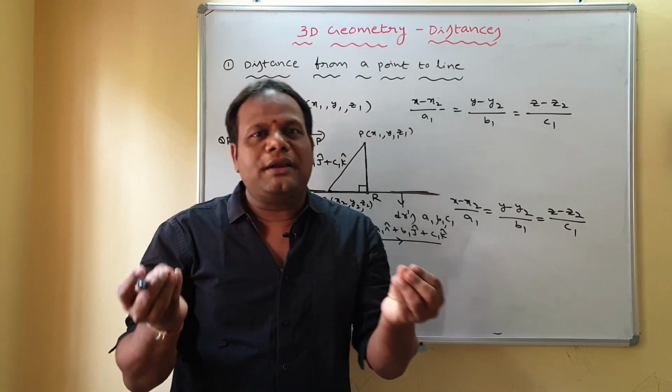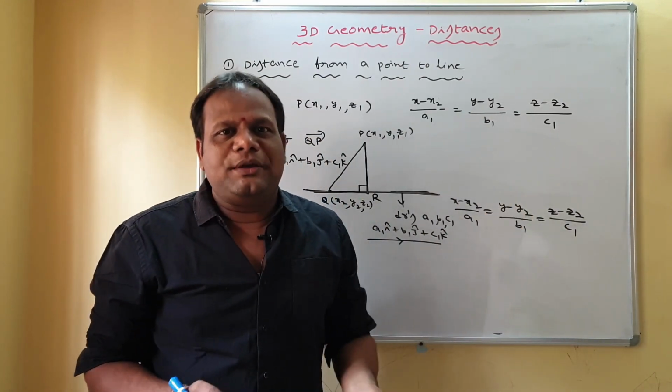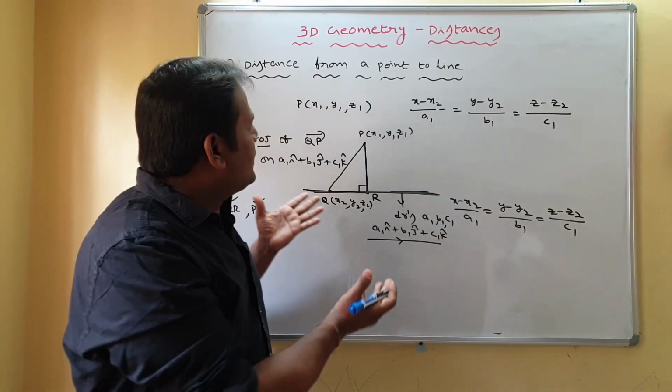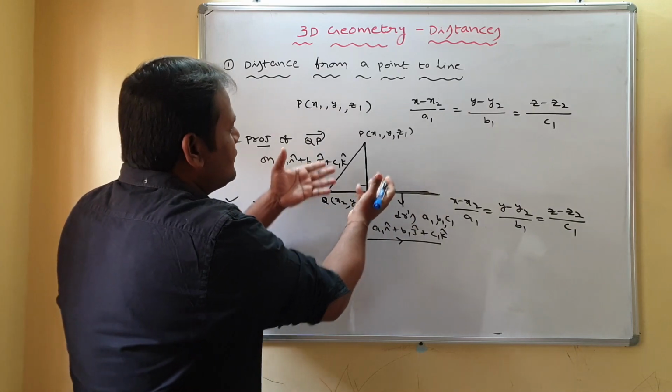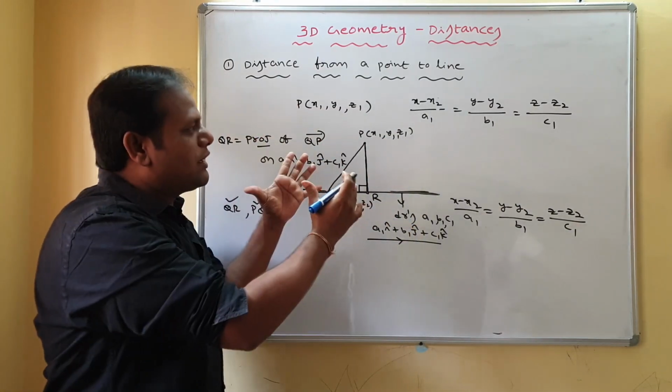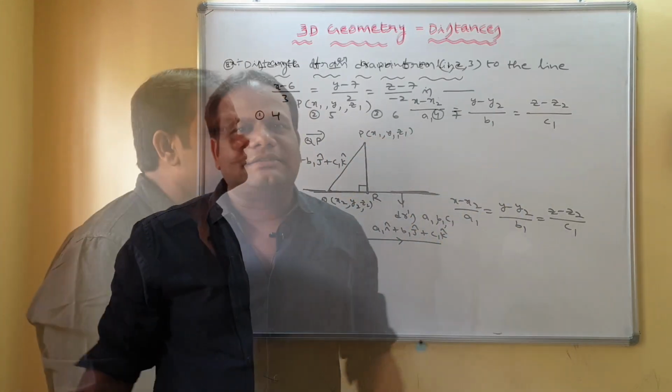No need of remembering any formulas. Already you know the projection of A bar on B bar formula. You all remember that formula. So, it is easy to find the distance from a point to a line. Just try to understand the concept and apply it, you can get the answer easily.